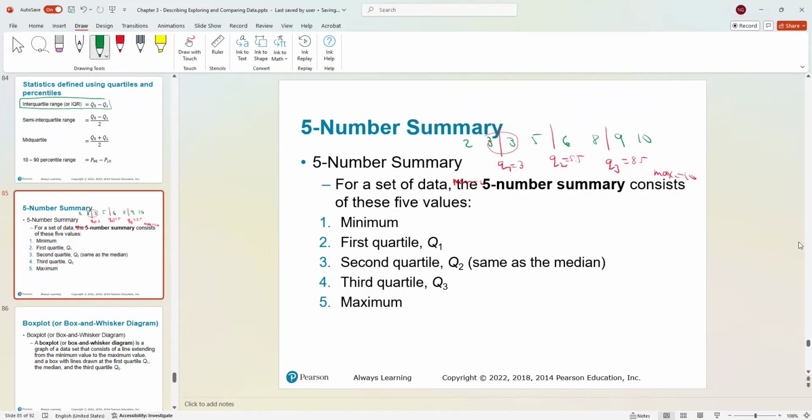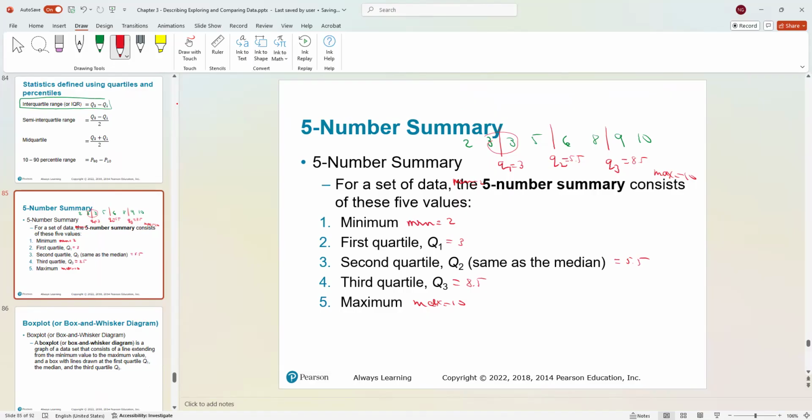Remember here in that data set, ordered, we said the minimum was 2, the maximum was 10, Q1 was 3, Q2 was 5.5, and Q3 was 8.5.